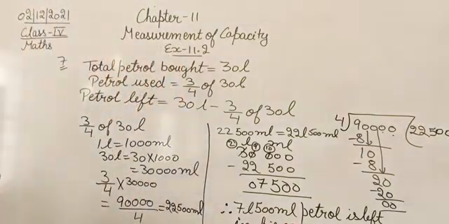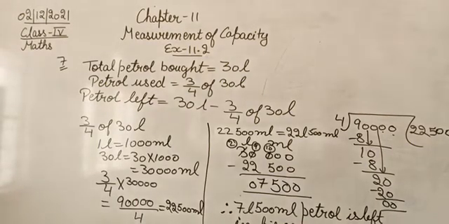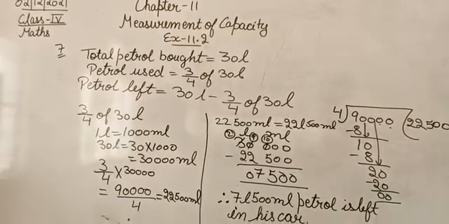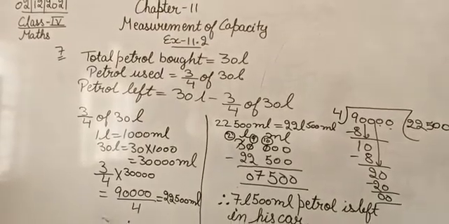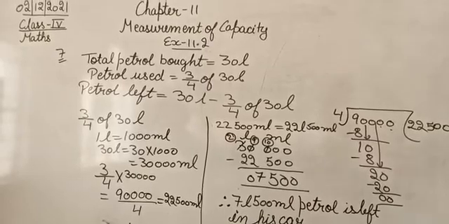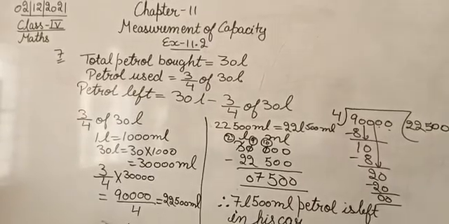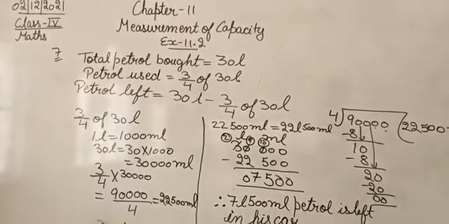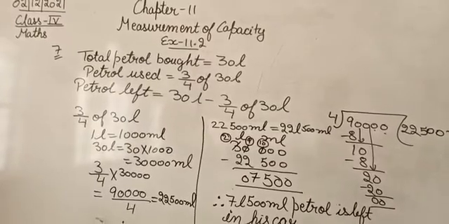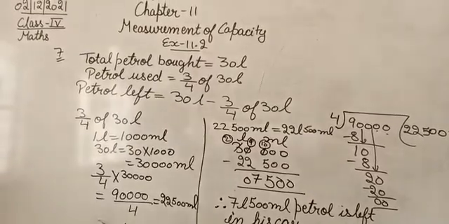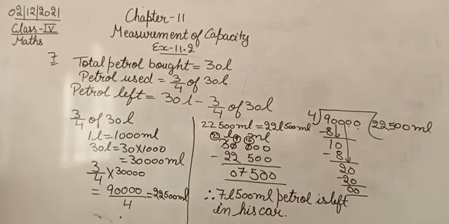So this is the quantity of petrol that is left in his car. This is the solution for question number 7 of exercise 11.2. You can pause it here and note it down in your notebooks.